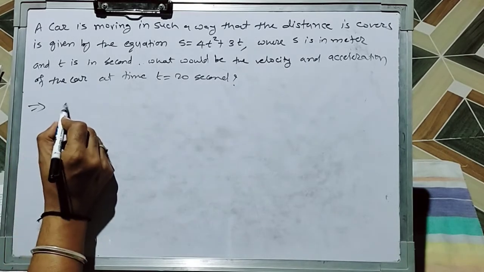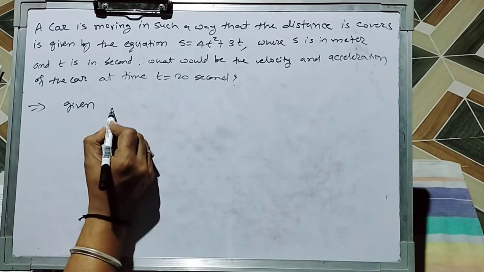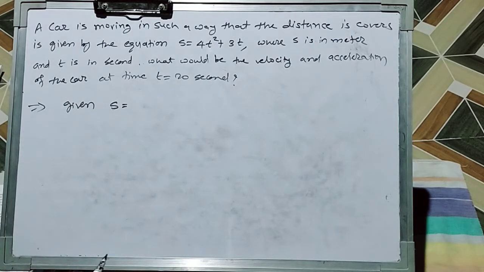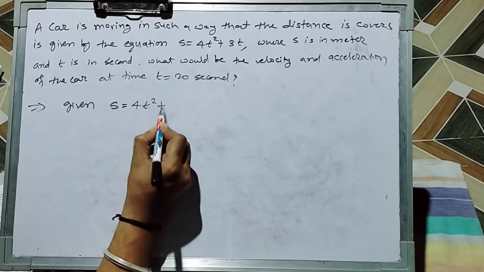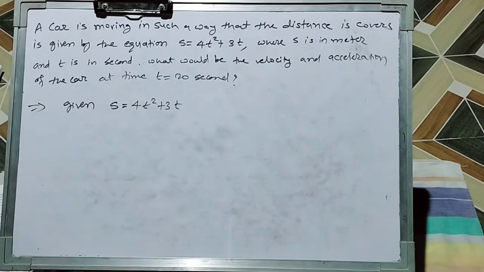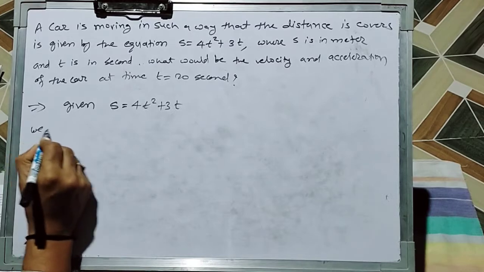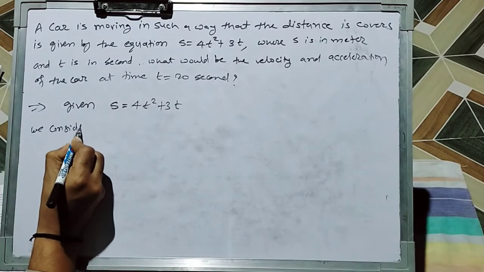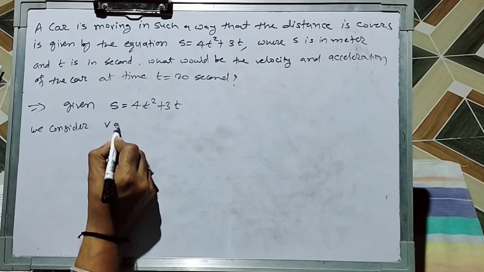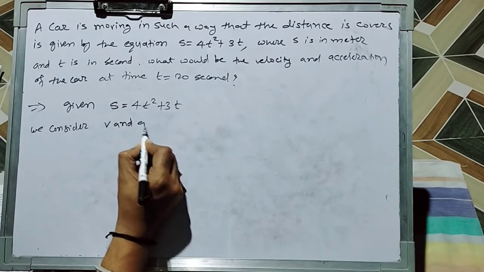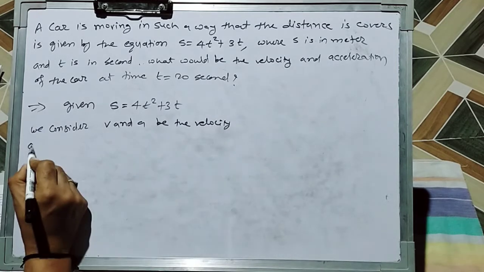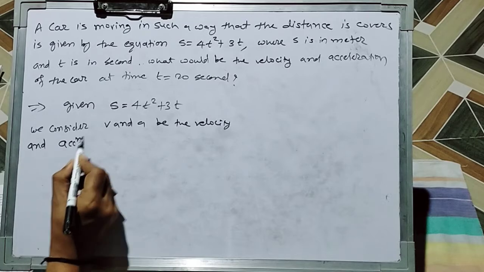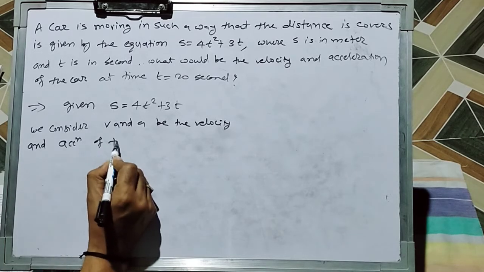Now here, given displacement of the car is given by the equation 4t square plus 3t. We consider v and a be the velocity and acceleration of the car.